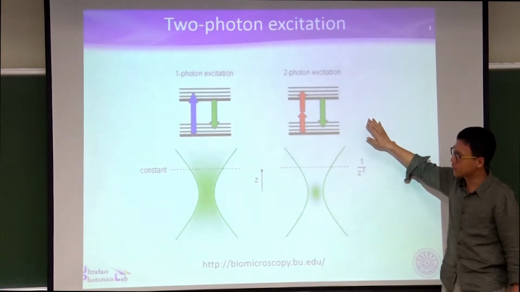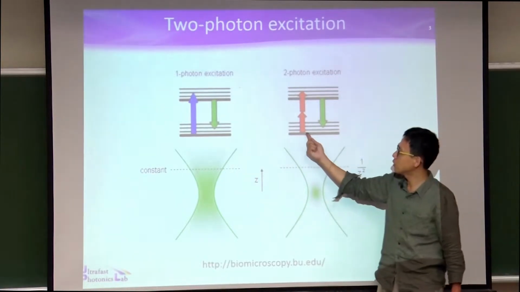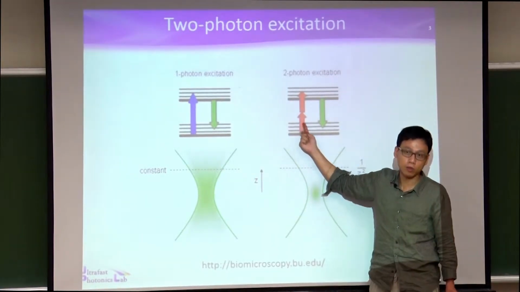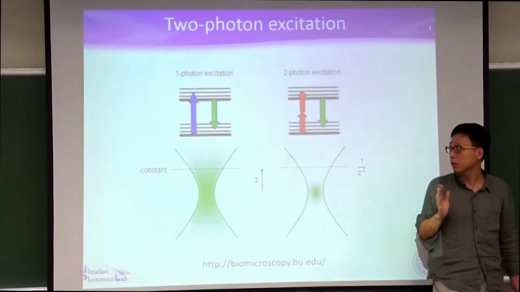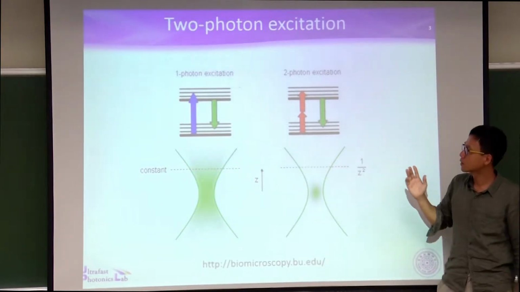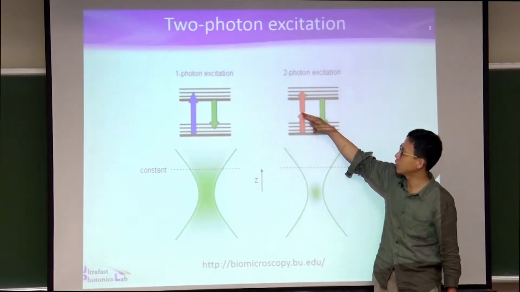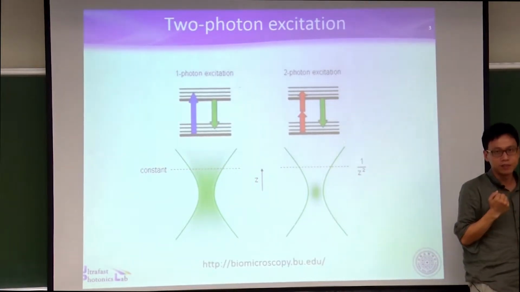But for the right-hand side, it's about two-photon excitation. Single photon energy is too small to excite to the excited state. But if you can combine two excitation photons simultaneously, okay, 1, 2, then the total photon energy becomes big enough.